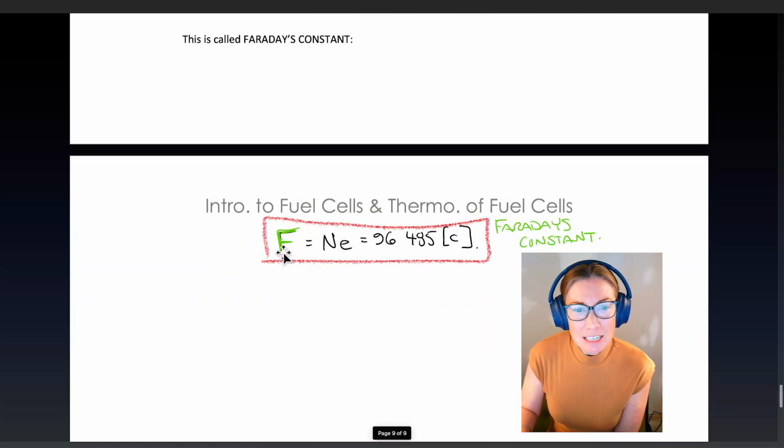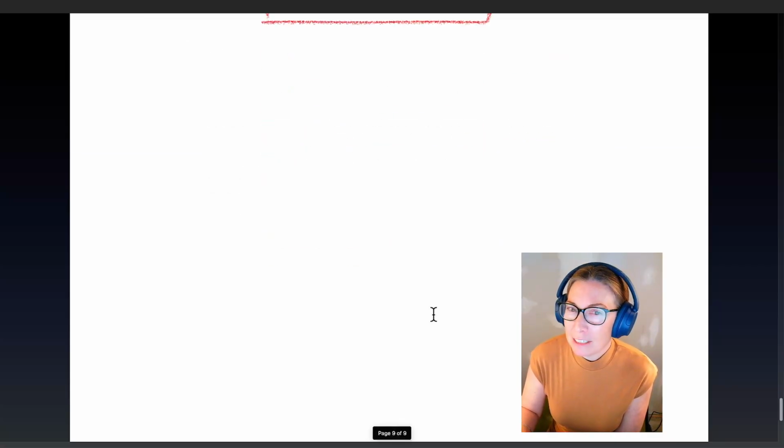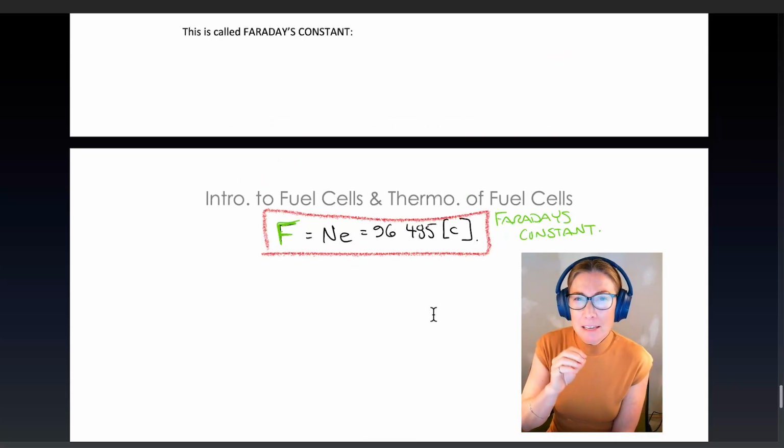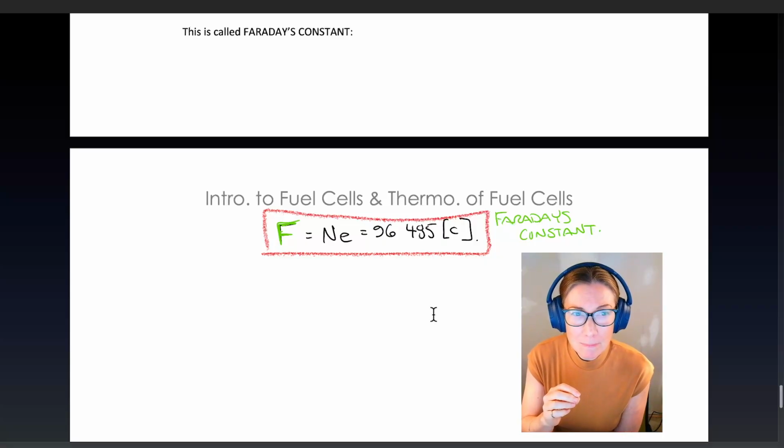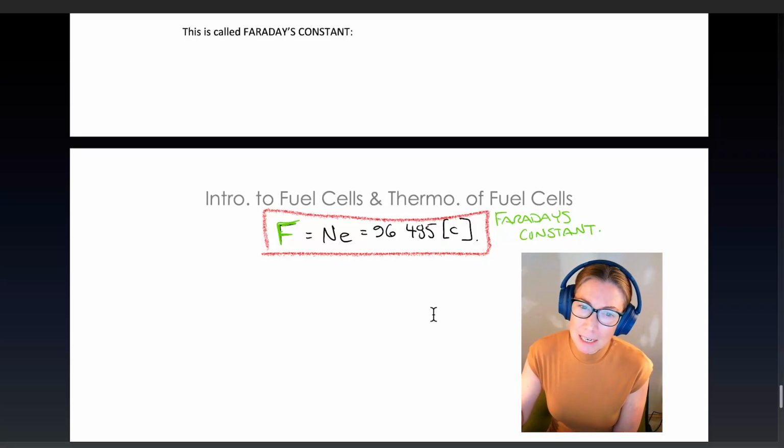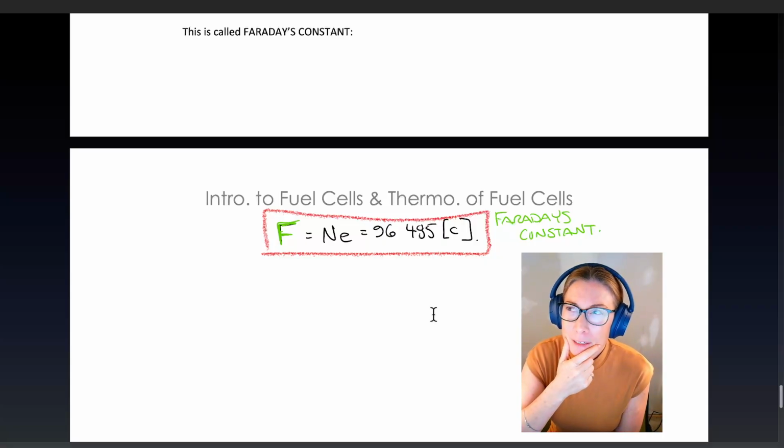So there it is. Faraday's constant is N, number of electrons, times the charge on each electron, which is 96,485. I'm leaving it at that for this video because we can pick that up next day and say, we liberated these electrons and used them again.